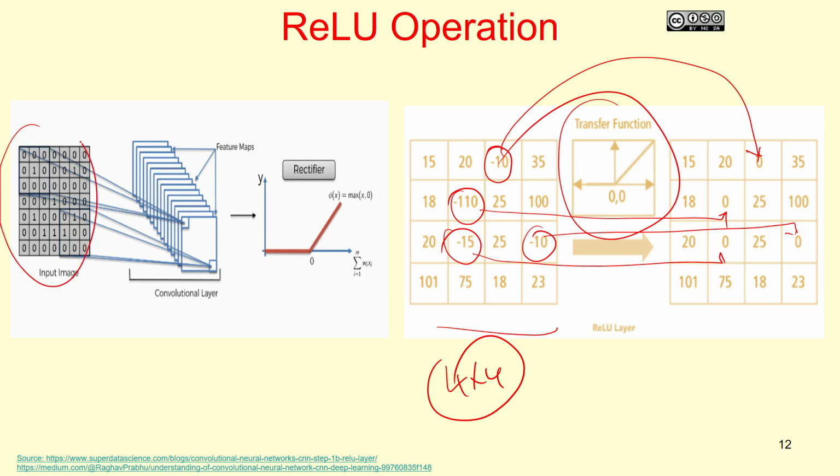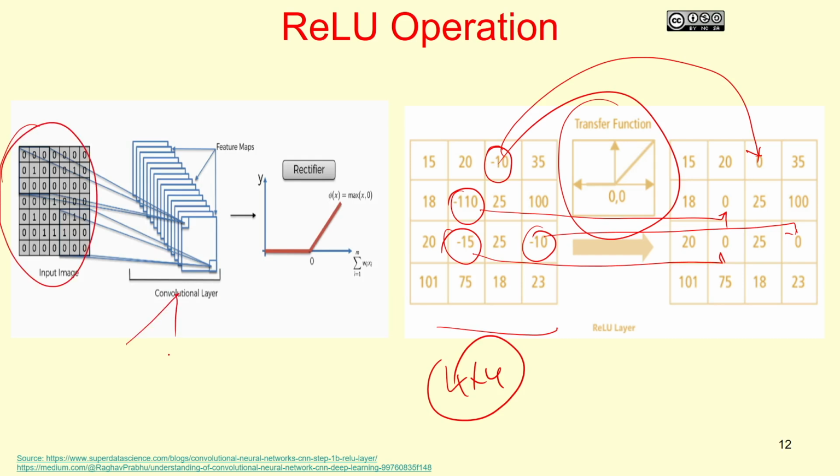What is this activation function? Rectified linear unit. So, this is the way in which you do the ReLU operation, which is one of the major steps of a convolutional neural network. The input image is taken and applied to a convolution layer.